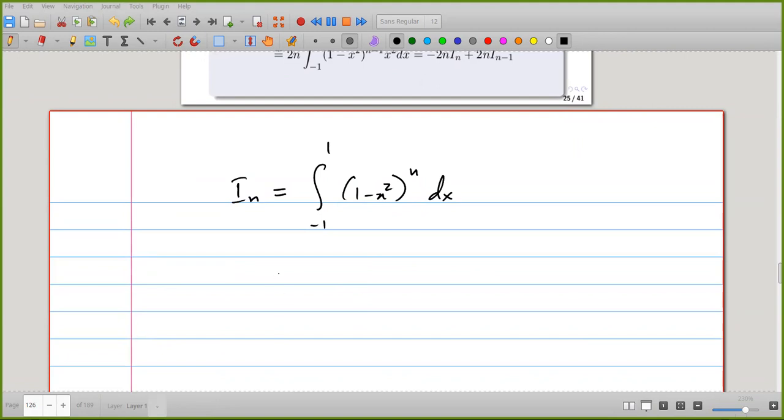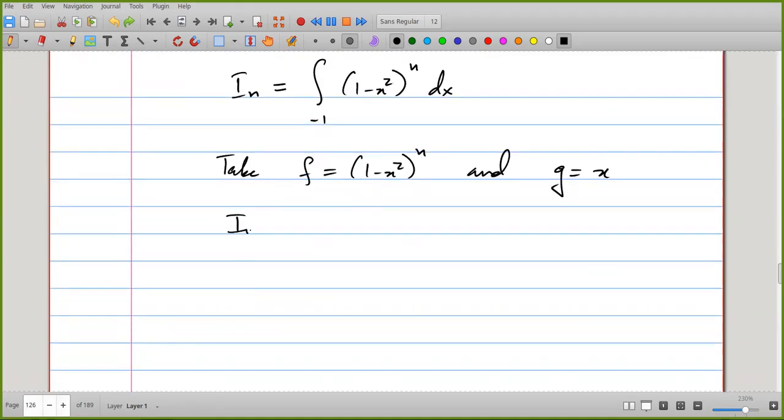So what we do is take f equal to (1 minus x squared) to the power n and g equal to x, right? Then I_n is equal to the integral from minus 1 to 1 of f times dg by dx, right? This is obvious.